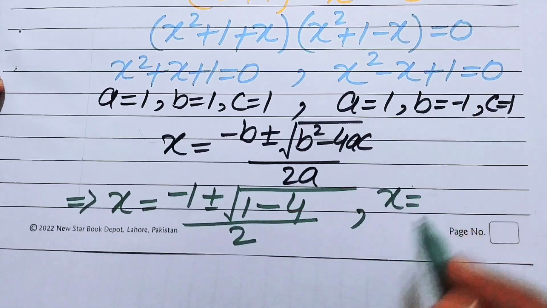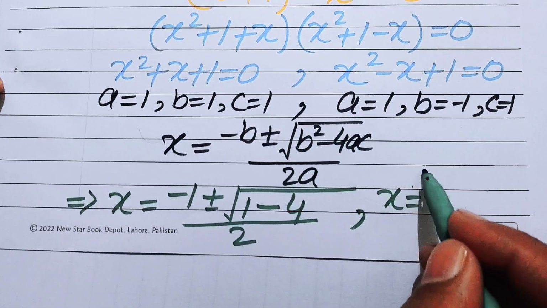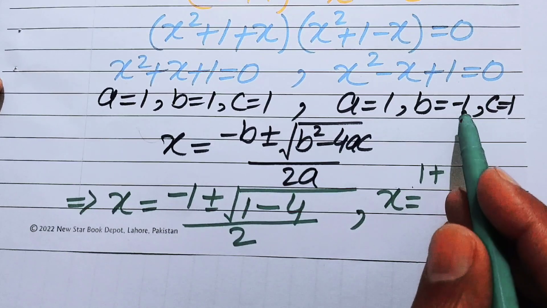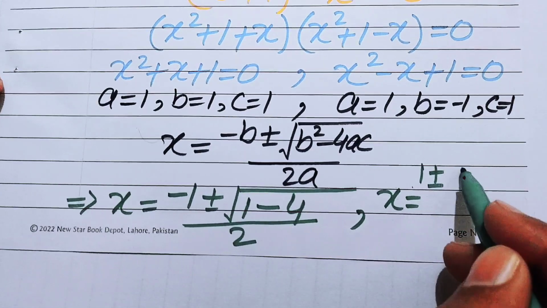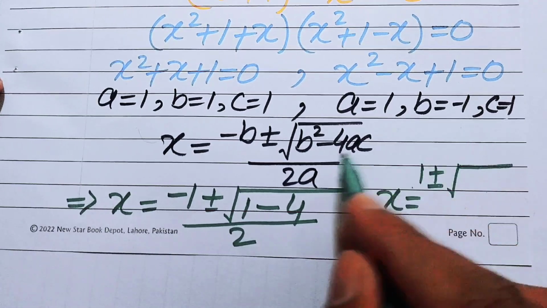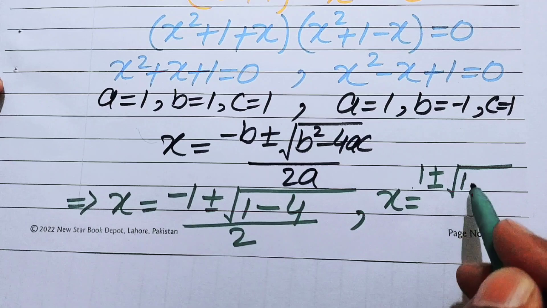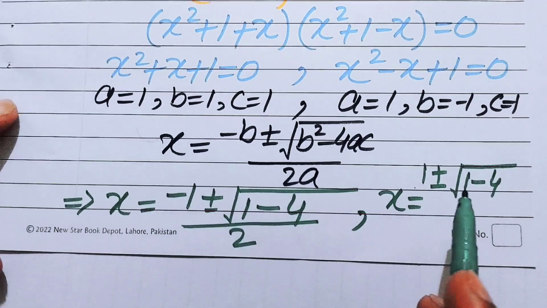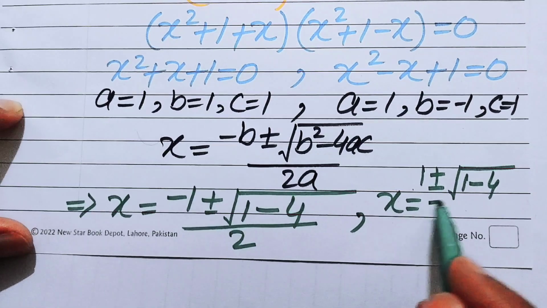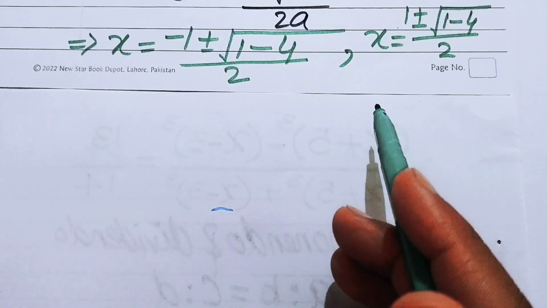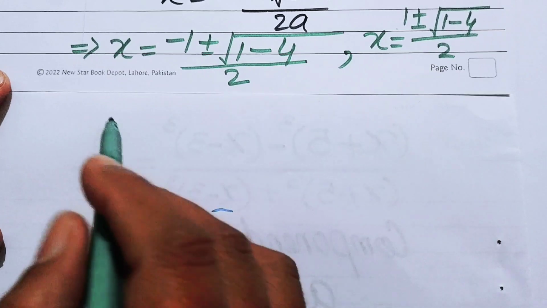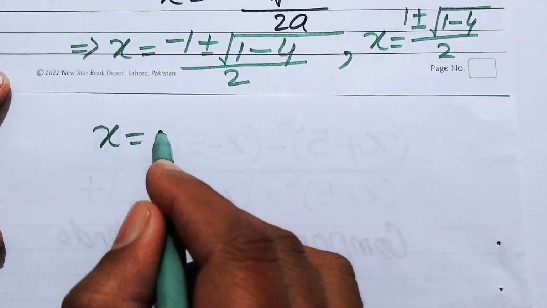Now for the second equation we put all these values in the quadratic formula, and you get x equals minus b, so the value of b is -1, so minus and minus becomes +1, and plus minus square root of b square, so b is -1 and -1 square is 1, and minus 4 times ac, our a and c is 1, divided by 2a.